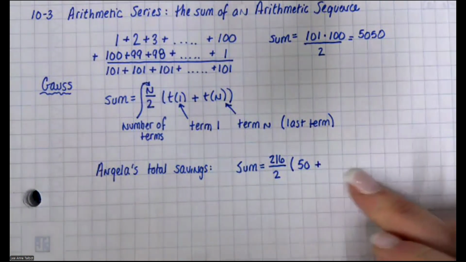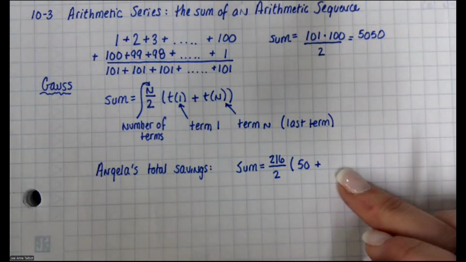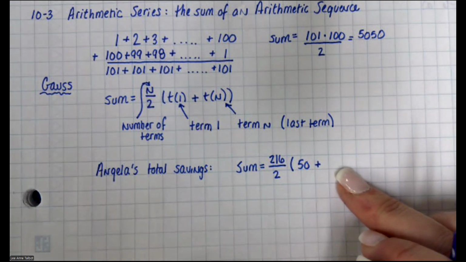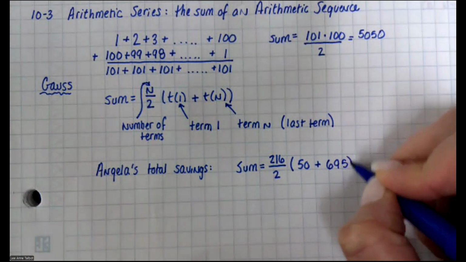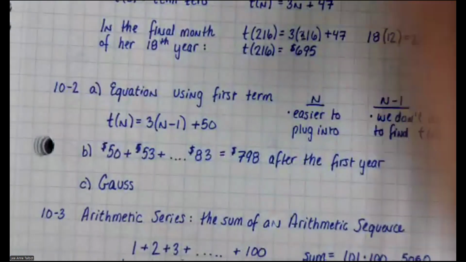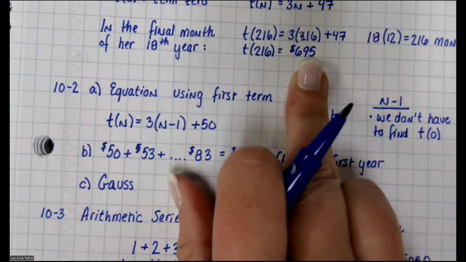And what was the very last amount? $695. It says it right here. In the final month of her 18th year, 690.